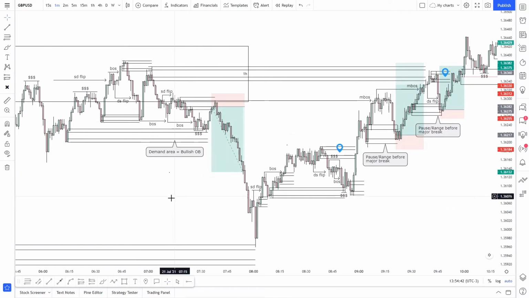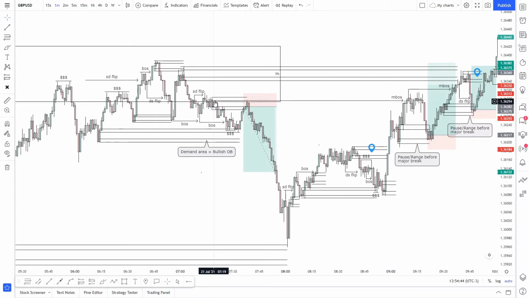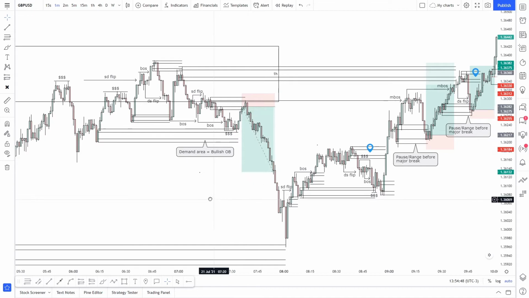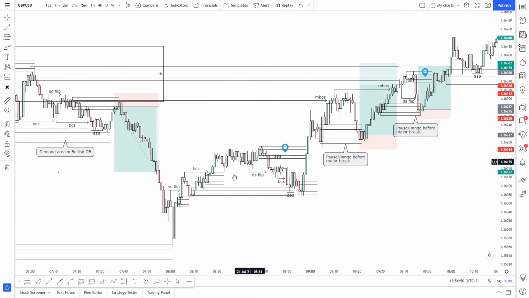So as you can see, this sell was a range before break that also had liquidity. This buy was a continuation trade, right? Flip, pause that caused the flip was mitigated. Then we have a little bit of a range. We break the extreme. We use that as continuation trade. That gives us another opportunity.